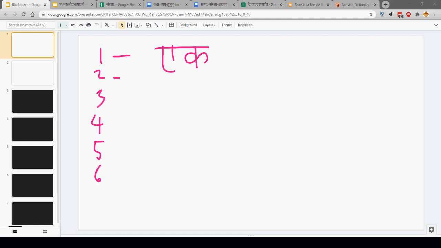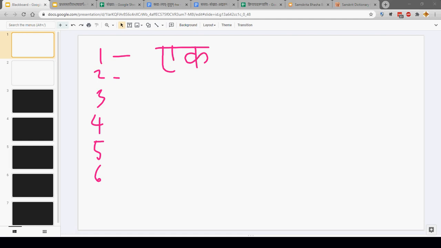Visheshanam has to match the Lingam, the gender, Vachanam, the number, and Vibhakti, the case ending, of the Vishesham, the word it is describing. Most of the times that rule has to be followed. There are some exceptions, but they're rare.